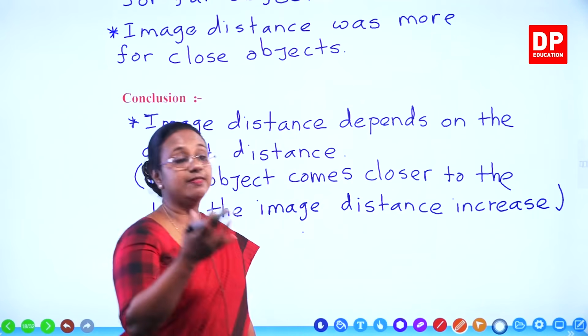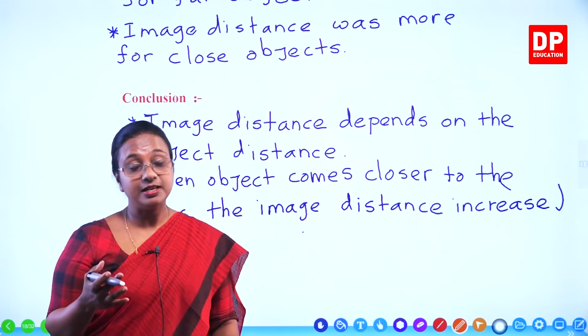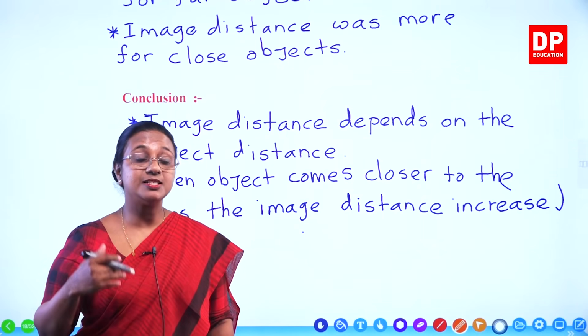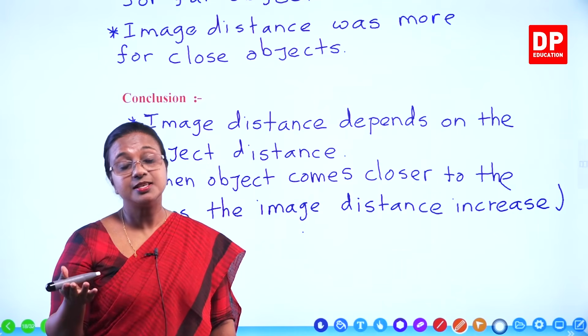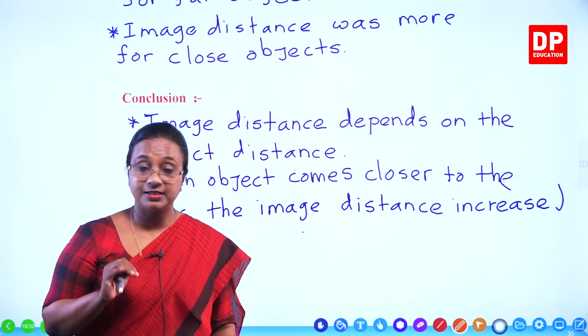Or you can say when the object distance decreases, image distance increases. Or when the object distance increases, image distance decreases. So that can be concluded from the activity.